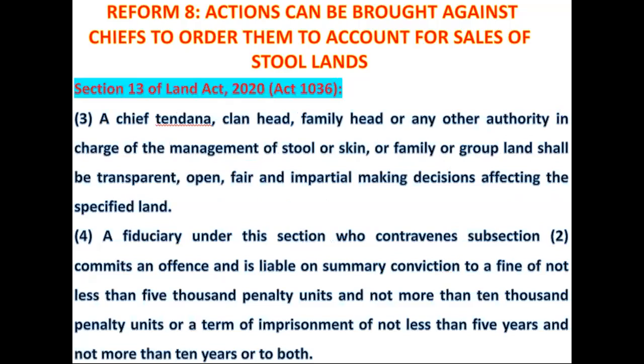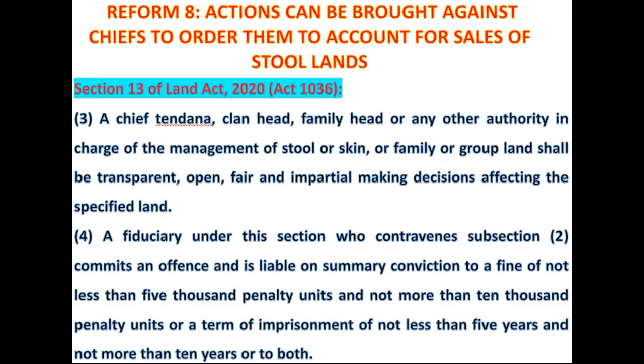And in fact, it even makes it a criminal offense. If you look at section 13, subsection 4, it says that a fiduciary under this section who contravenes subsection 2 commits an offense. So we are not joking with the accountability of a chief at all.